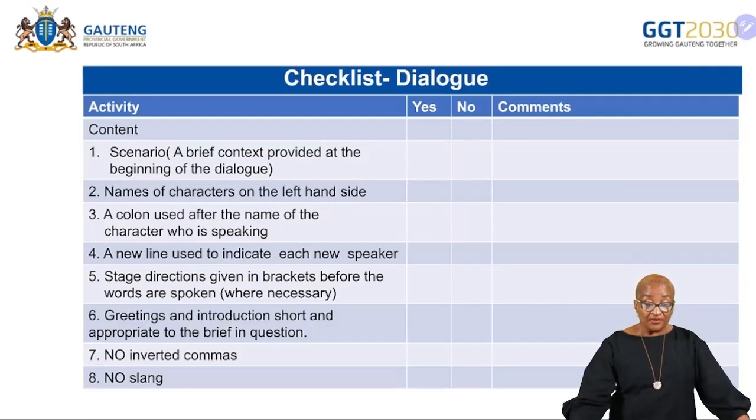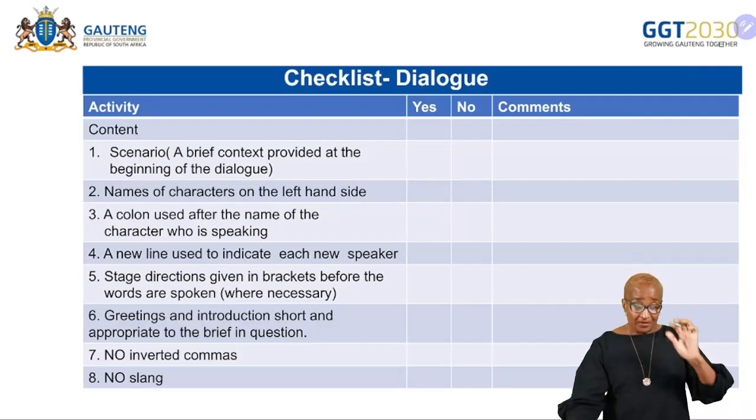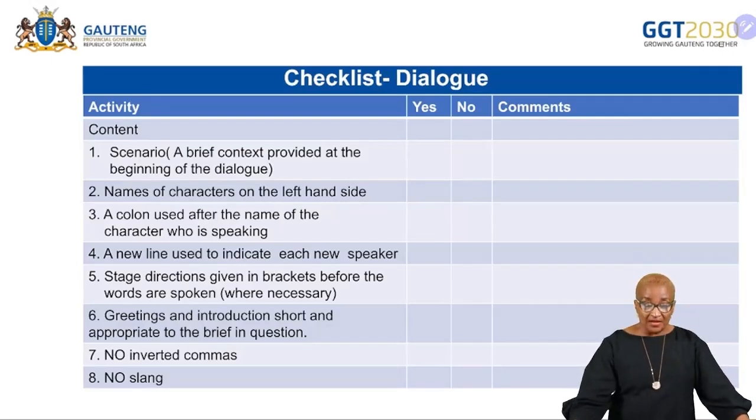So if there isn't such, you would tick in the no column and comment that stage direction has not been employed. This is very, very important. That is number 6. Greetings and introductions, short and appropriate to the brief. They need to be short and appropriate to the brief.